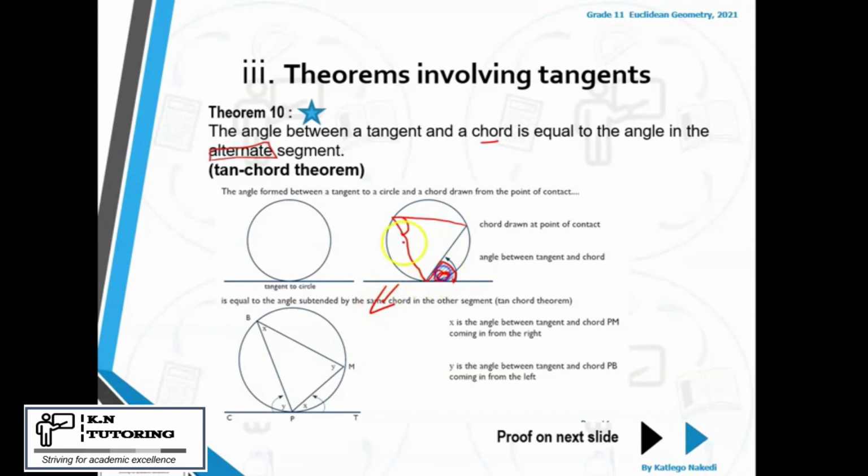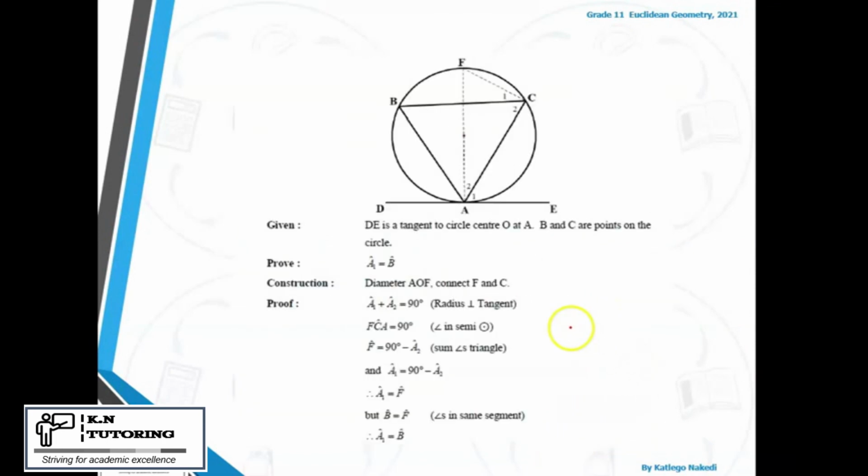So this angle there will also be equal to this angle there, and this angle there will also be equal to that angle there. Very, very important and straight to the point. Again, it says proof on next slide. We're not going to touch base on this. This has been explained in lesson number 2, where we were going through examinable theorems.